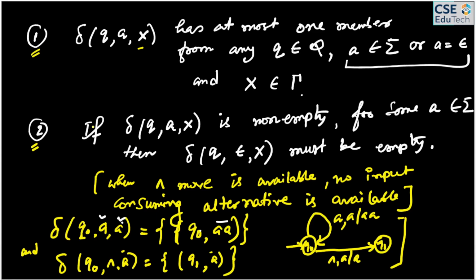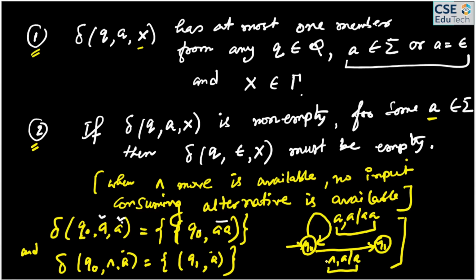If this happens, then obviously it is not a deterministic pushdown automata. So condition 2 says if delta(q, a, X) is non-empty for some a, then delta(q, epsilon, X) must be empty. That means if one transition is available, the other should not be available.